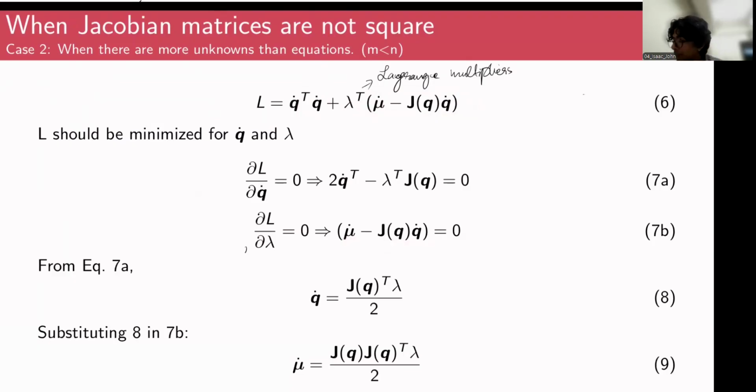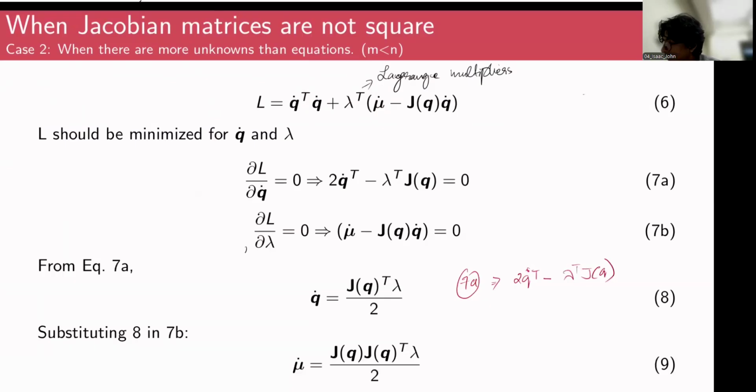Now from equation 7a, you will get an expression for q dot. Equation 7a is nothing but 2q dot transpose minus lambda transpose j of q.